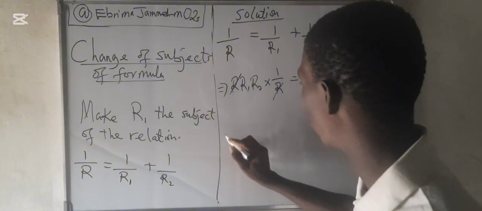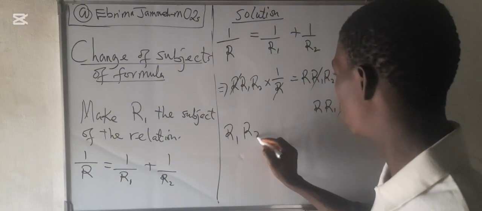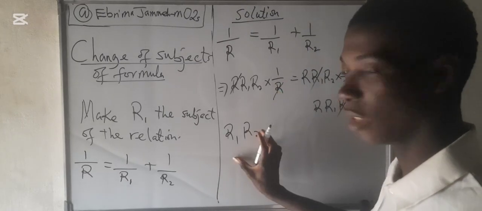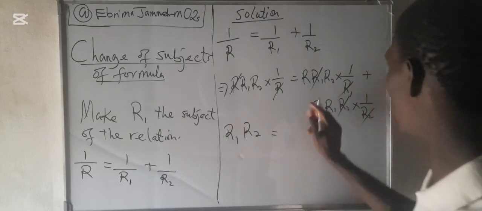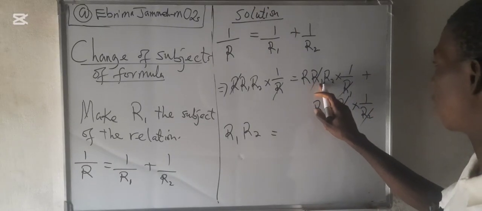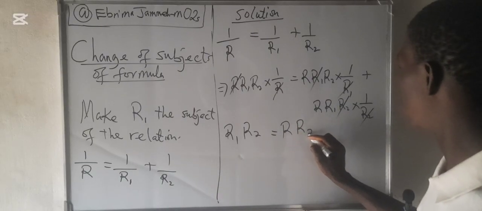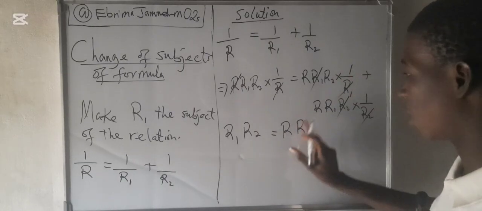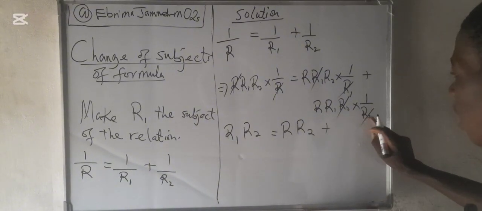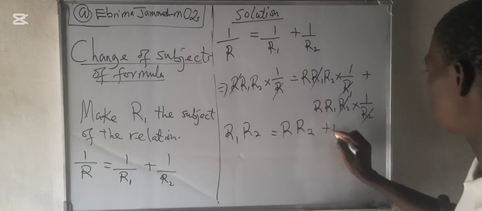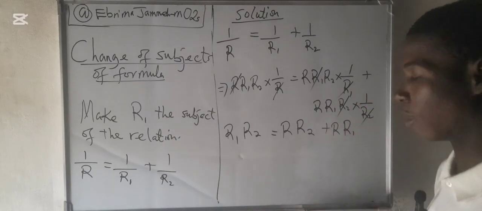You are left with R1 R2 times 1, which is still R1 R2, is equal to, we have cancelled the R1, we are left with R2 times 1, which is still R2, plus, we also cancel the R2, we are left with R and R1 multiplied by 1, which is still this. So let's forget about the 1.